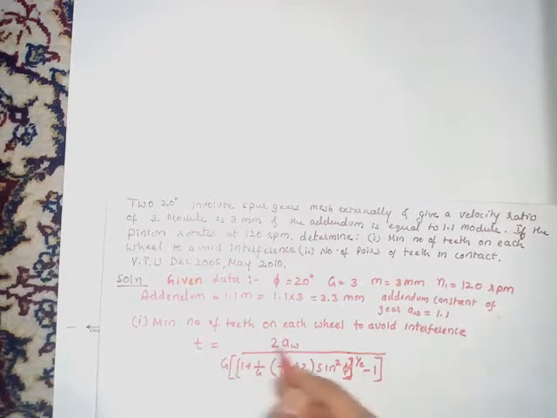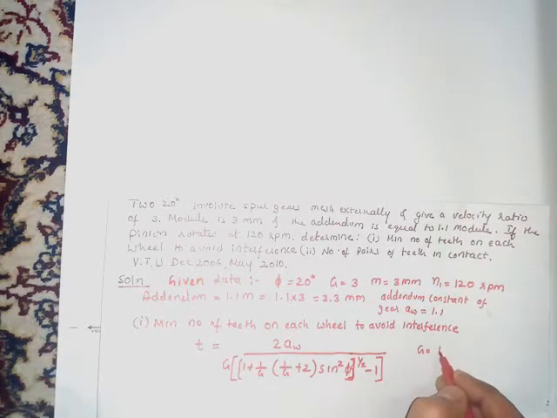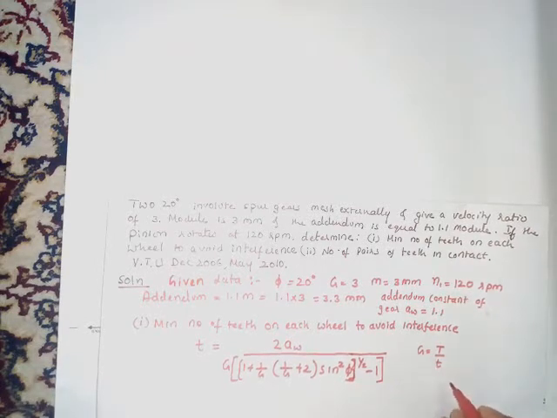Now the reason why I have written this is G is equal to capital T by small t.